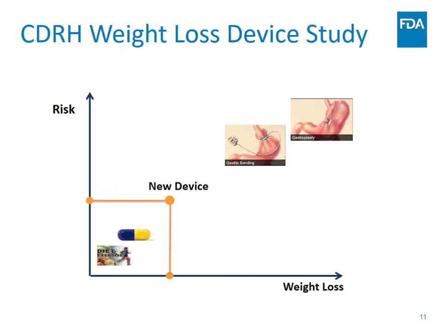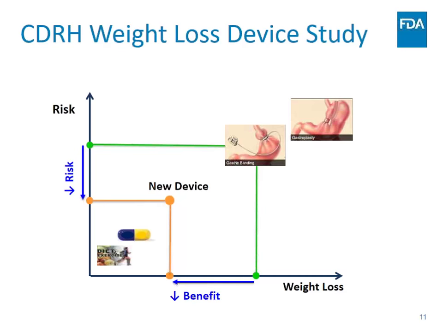So suppose a new device is under review for pre-market approval, and the new device is definitely safer than the gastric banding. However, the benefit of the new device is not as big as the gastric banding devices.